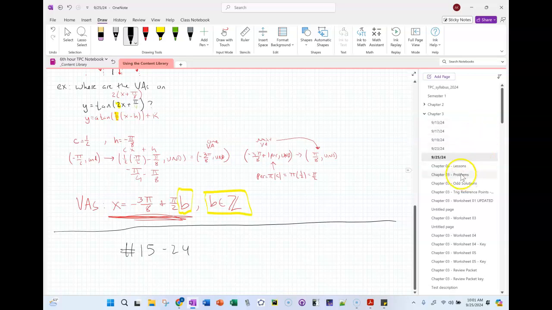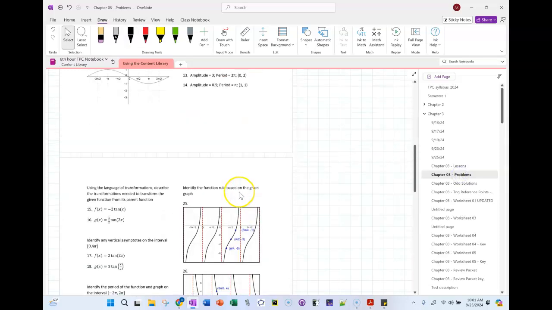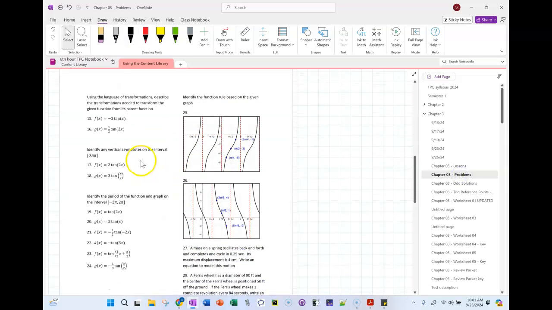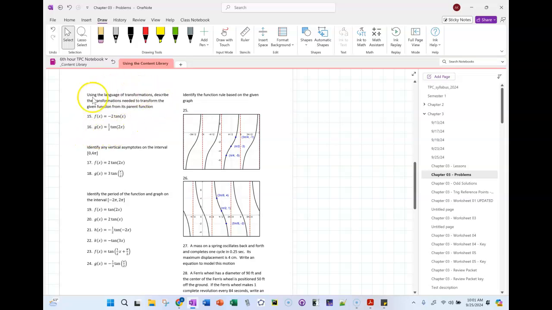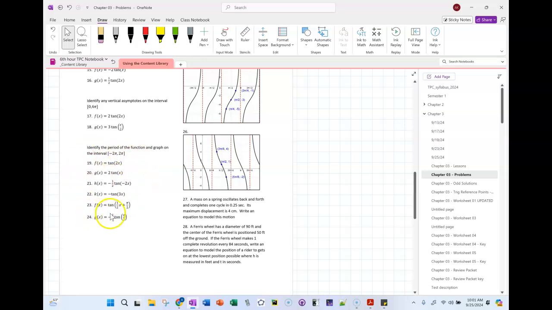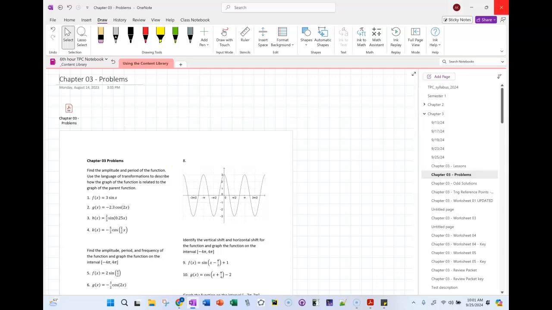If I look at those problems, they're going to use that language of transformation, like vertical stretch or reflection or shift left or right, up and down, to describe what's going on. Find the vertical asymptotes. Identify the period and then graph on the interval. So just like the stuff we practiced here. Okie dokies.